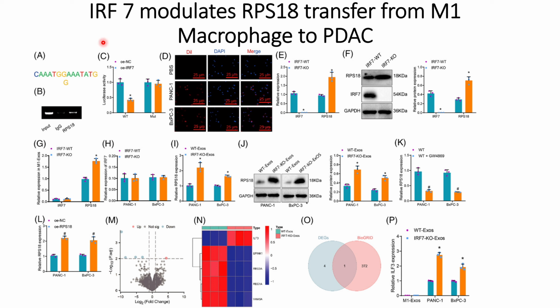So I hope you understood how they came to the point that IRF7 modulates RPS18 transfer from M1 macrophages to pancreatic cancer cells, which in turn upregulates ILF3 expression, and that could be the reason, or one of the reasons, for the aggressive behavior of the pancreatic cancer cells. But that is not covered here, in the last part. We will see whether this point is covered in the subsequent videos or not.